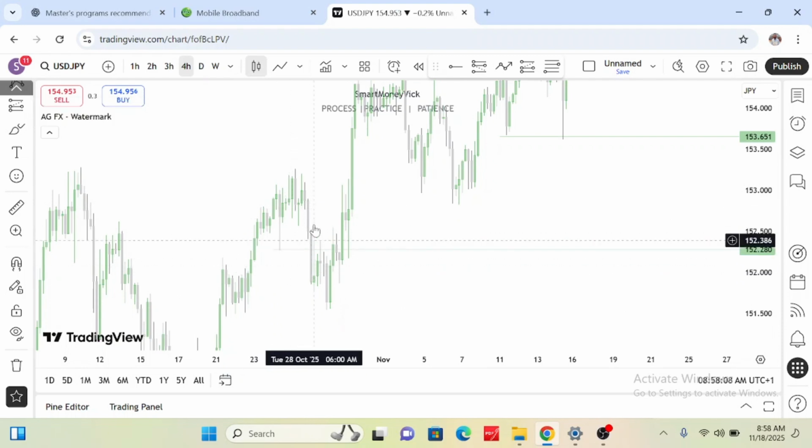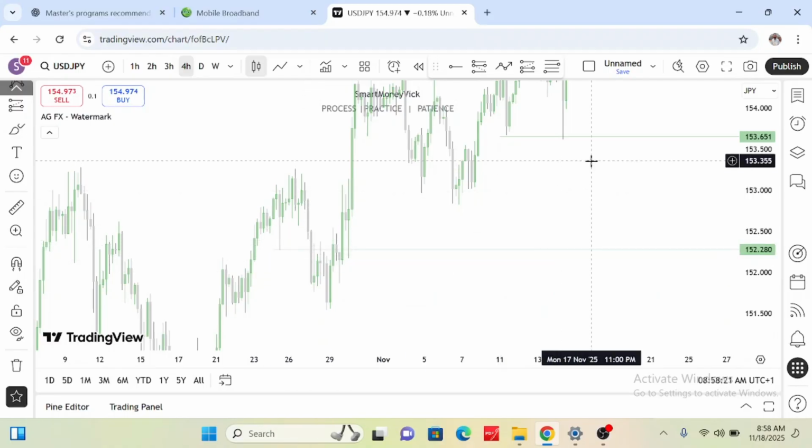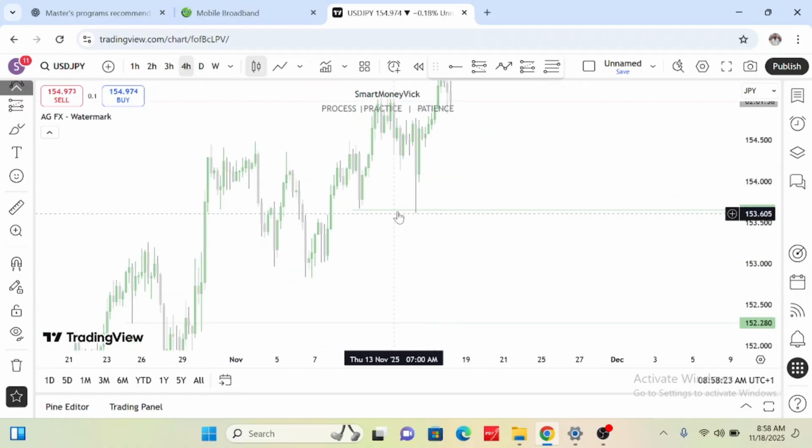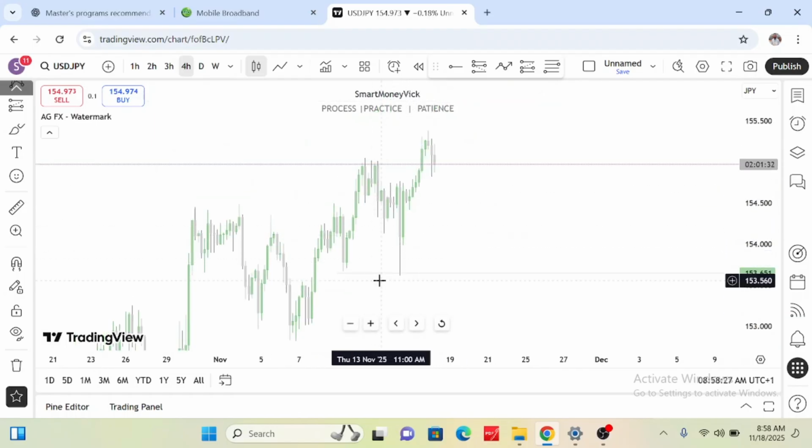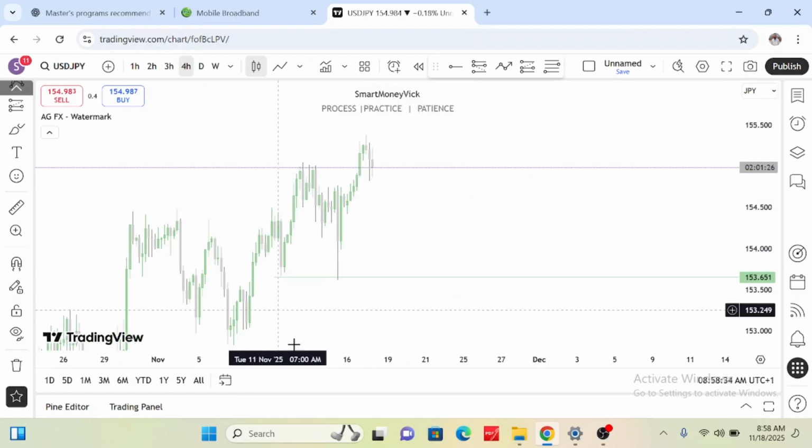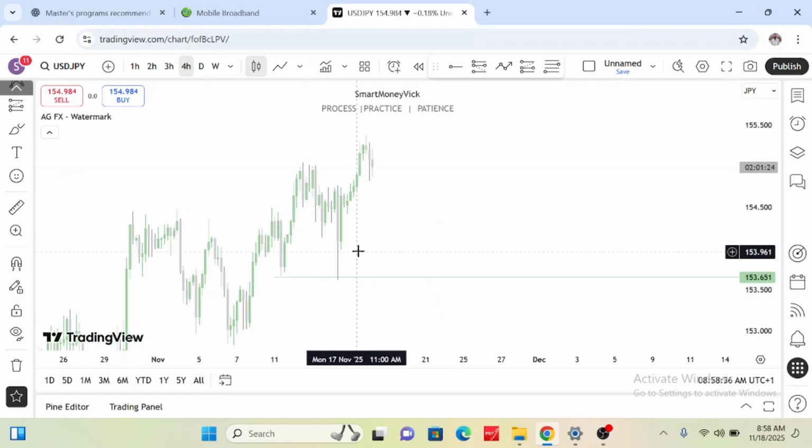So this simply means what? A break of structure. The psychology behind this is that sellers in this case are stronger than buyers and therefore want to take price further down for the time being. The same way, in this case, this sweep and rejection tells you that buyers have now taken over power from sellers and are intending to take price higher. So this is basically what we are going to be building the system around.